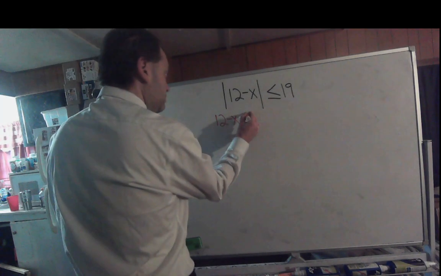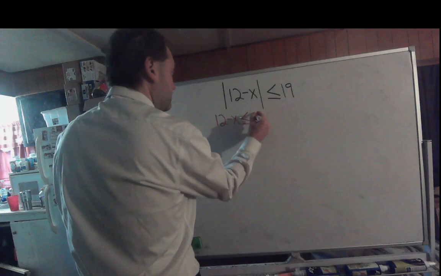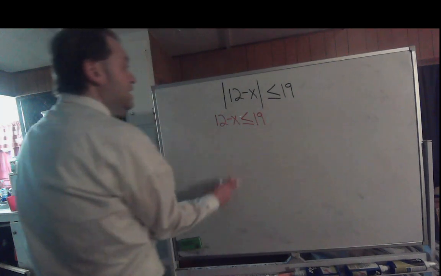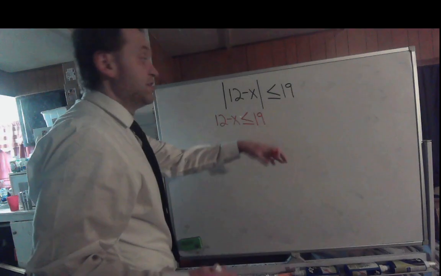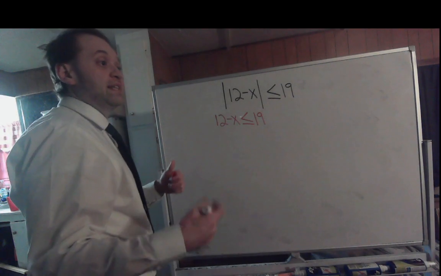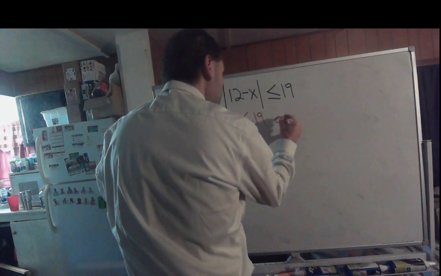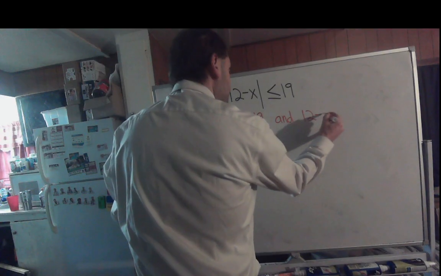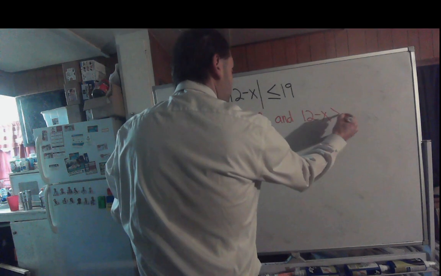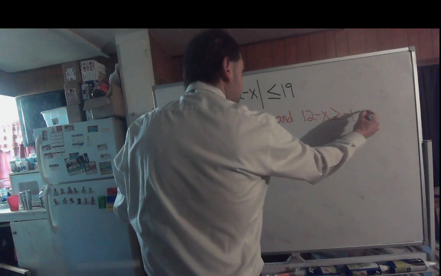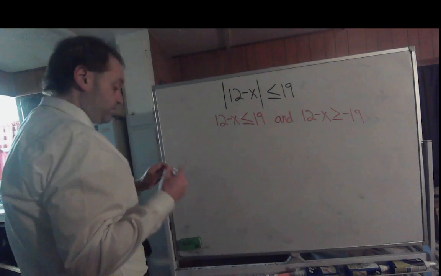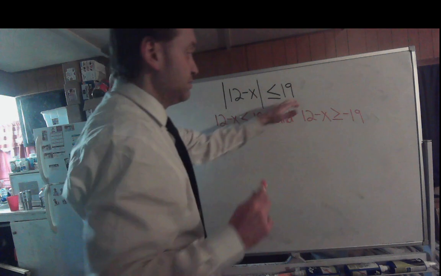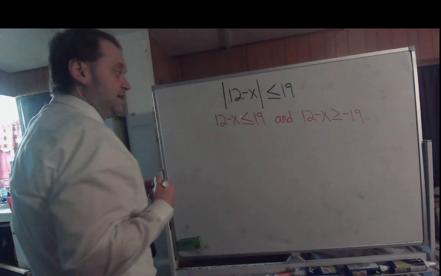You'll set that to less than or equal to 19, and then less than. Even if you have the equal to part, you still treat it as a less than. And you'll have that 12 minus x is greater than or equal to -19. So you just flip the sign to deal with the negative of what's on the right hand side.